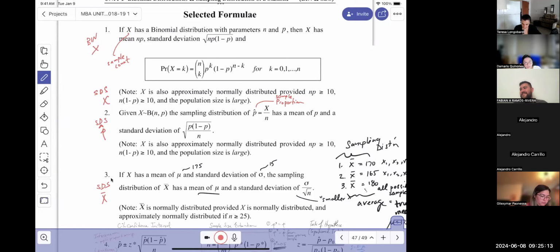So this is telling me if I have x that's binomial with n and p, and n has a certain criteria that's established here and here, then p hat, x over n, is approximately normal with a mean of p and a standard deviation of square root of p(1 minus p) over n.